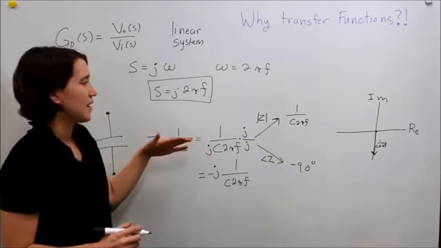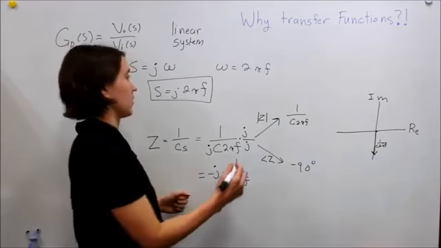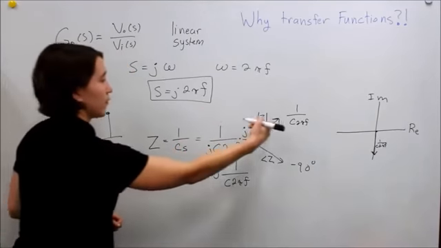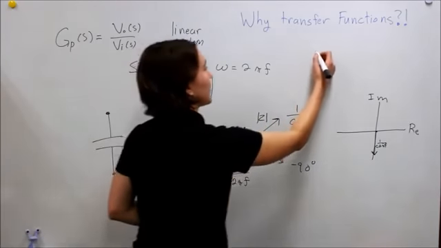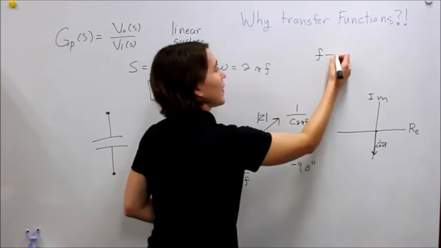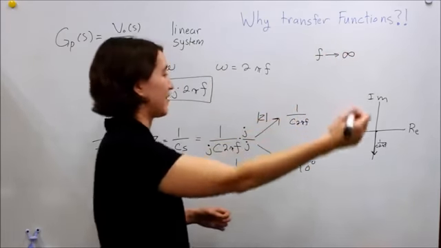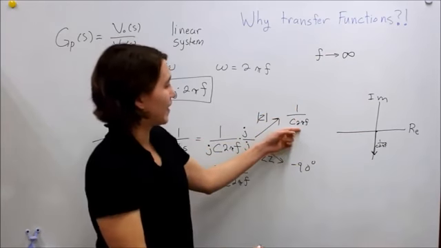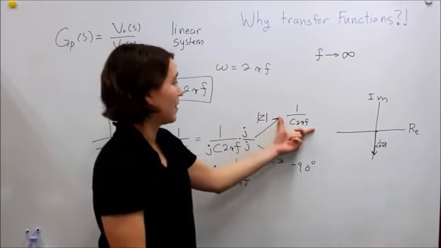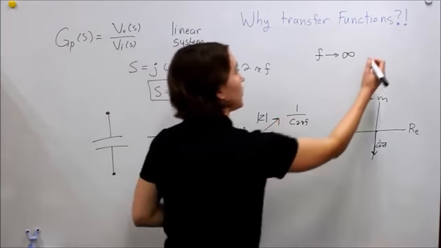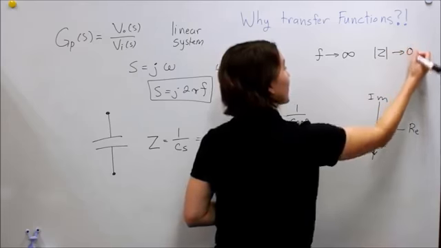So if we look at a very high frequency, let's write this here. Frequency is very high. It's going towards increasing, increasing, and increasing. If we take this expression, f towards infinity, we'll see that the magnitude of Z would go towards 0.